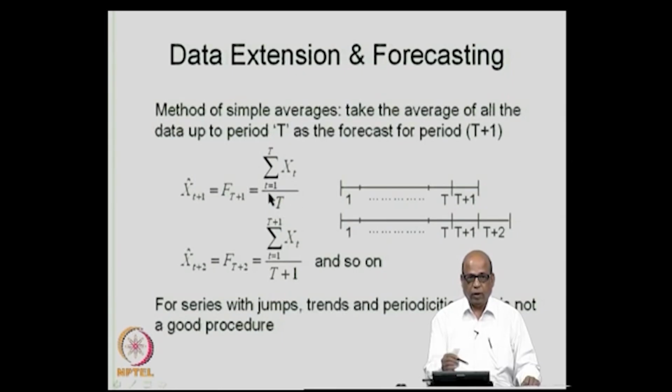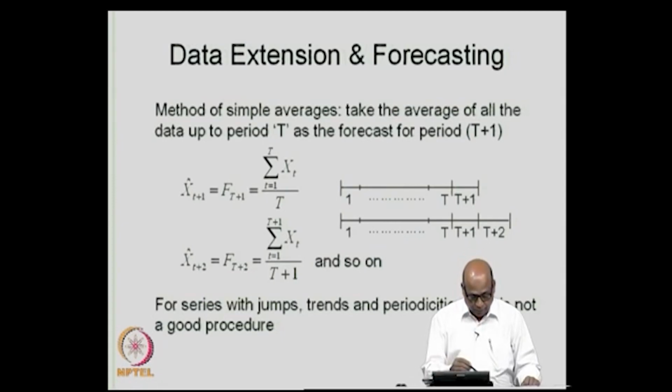So, t also indicates the number of time periods in this case, apart from indicating the specific time period. You take all the values up to that time period, take the average, and call that the forecast itself. As you progress in time, you will have more and more values to compute the average, and that average is your forecast.